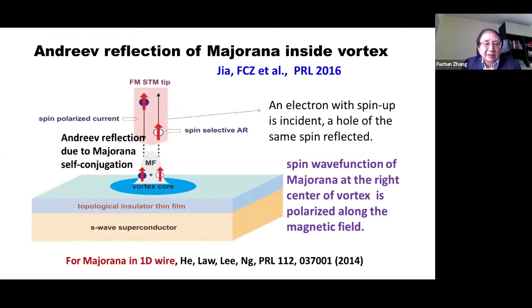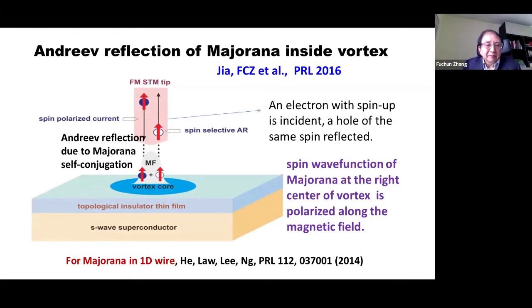Okay, so what we show you here is the red one is just a spin polarization. Okay, and use ferromagnetic STM tip, okay. The STM tip measures the vortex core, there's a Majorana there.